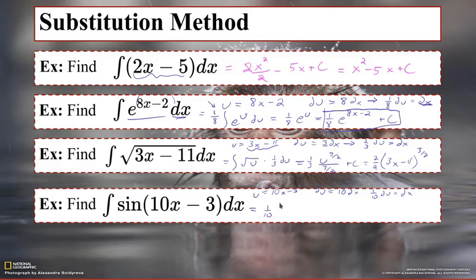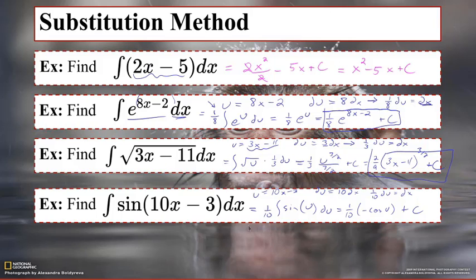I'm moving that 1/10 out front already just because I know I can. It's a constant multiple. So sine of u du. And I know what the integral of sine is. Be careful here. It's negative cosine of u plus a constant. Oh, and look, I missed my constant in the last one. My final answer.